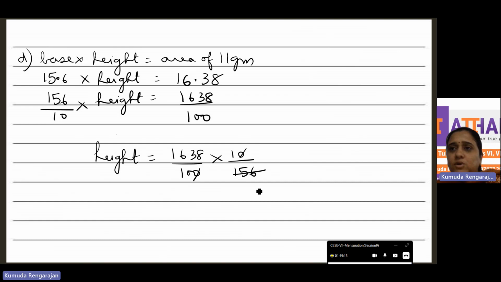Now let's simplify by 2. So 2 how many times? 2 7s are 14. 1 is the remainder. Okay. 78. You're right. 1 minute. What's the doubt? 156.